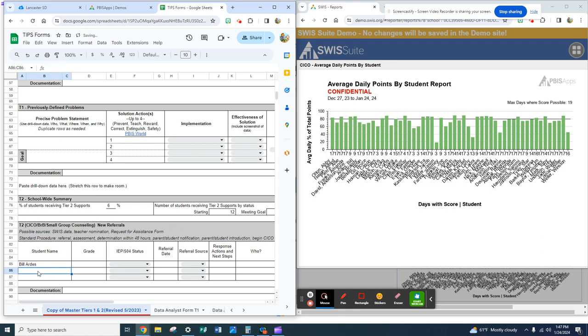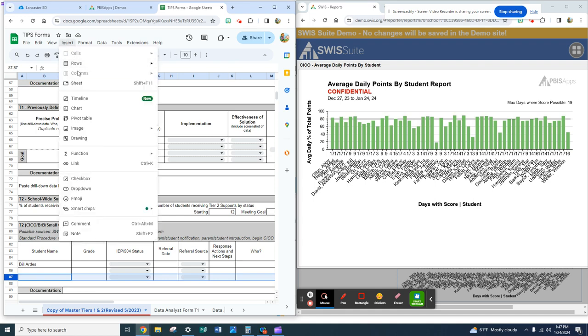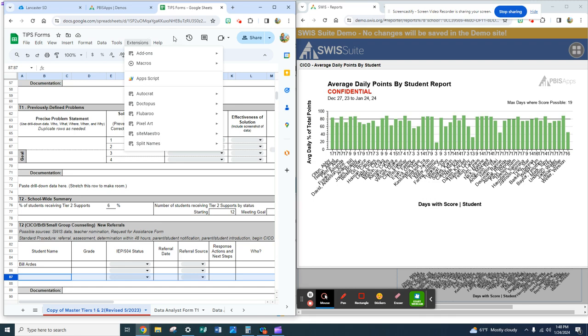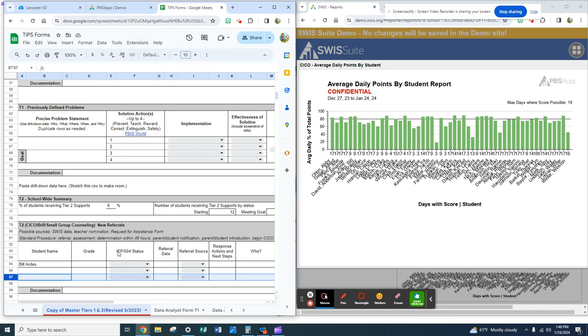Okay. And I'll just pick him. But any of them that have less than 10 days, I'll put on this list. If you need to add more spaces, you just click on the row and insert row above and just start adding lines. If the formatting doesn't match, don't worry about it. I can fix it for you. Anyway, so Bill Artis. So he's a new one that I'm going to look at.